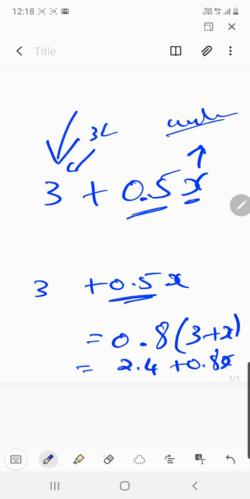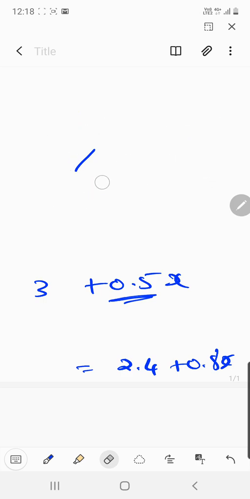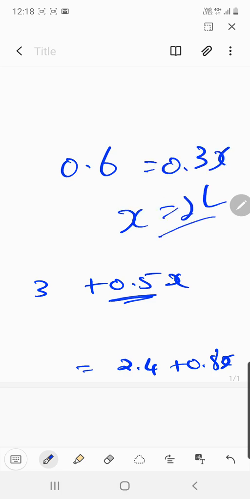This actually makes sense. So we have a final solution of 0.6 is equal to 0.3x. X is equal to 2 liters. Now this actually doesn't make sense in my mind.